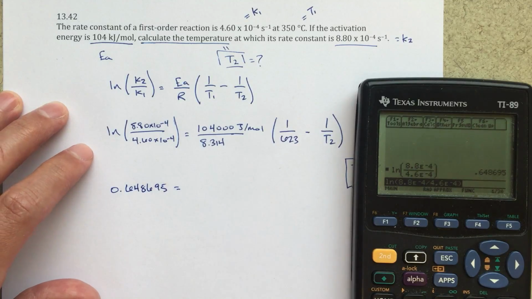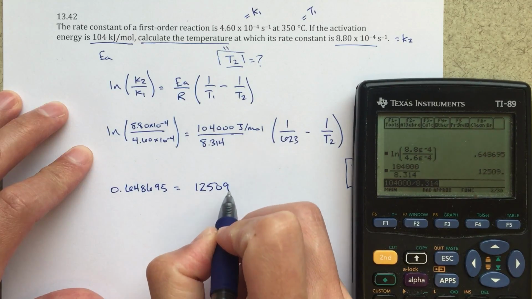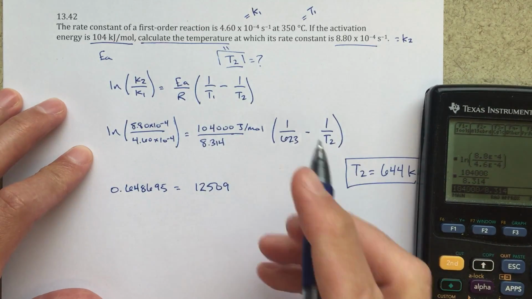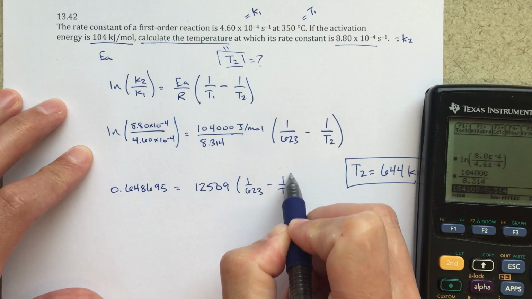And that's going to equal this value here, so I'll take 104,000 divided by 8.314, and I get 12,509 as my value here, and that's going to be times 1 over 623 minus 1 over T2.